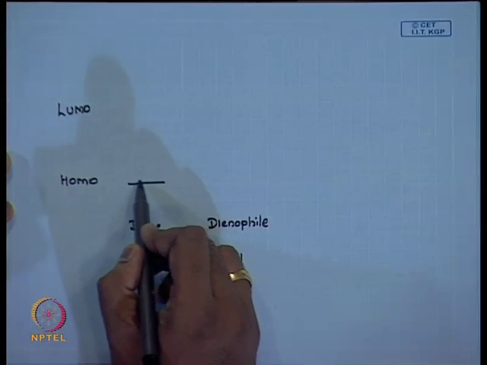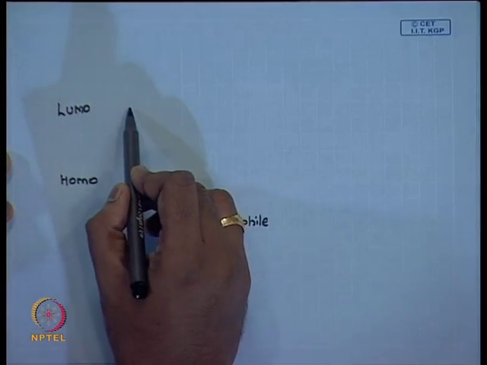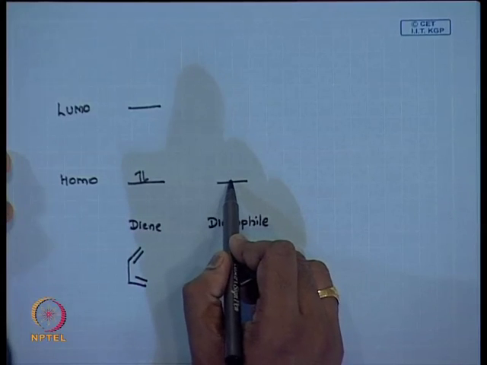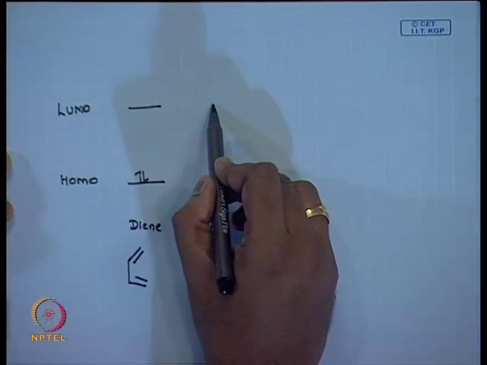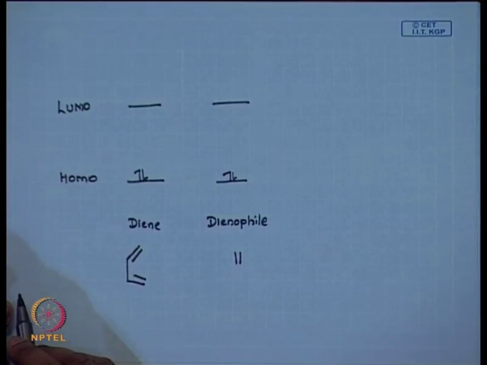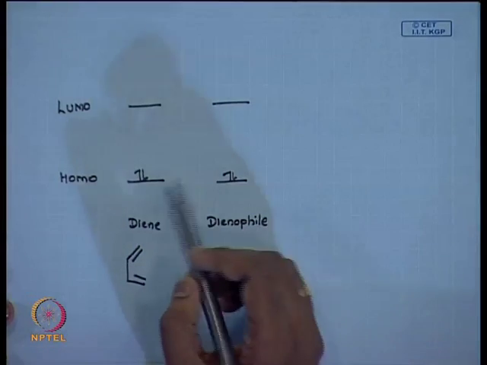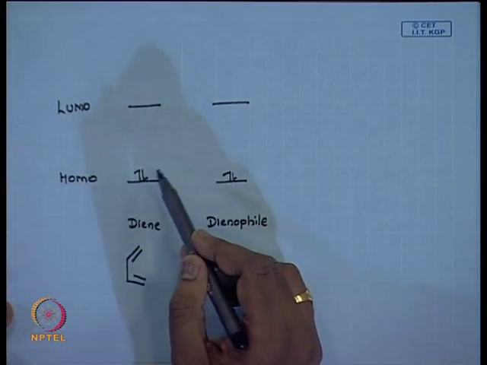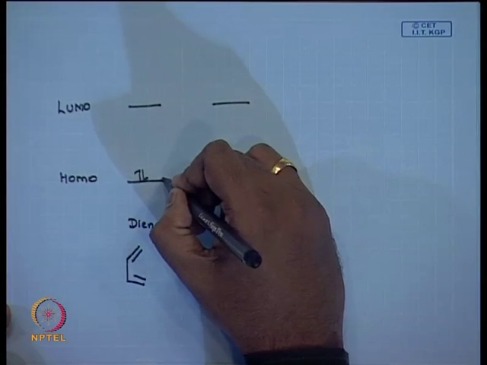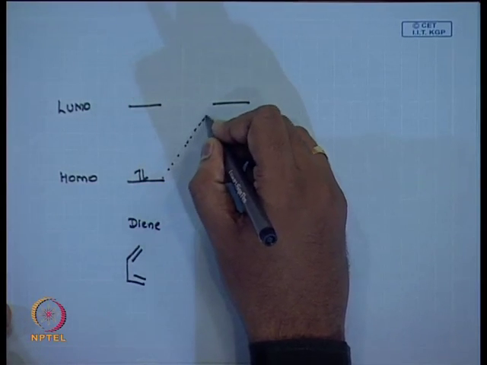This should be my HOMO and this should be my LUMO of the dienophile. What I am talking about here is the interaction of the HOMO of your diene with the LUMO of your dienophile.